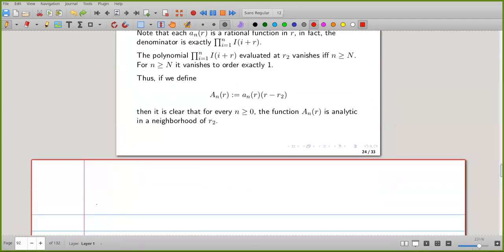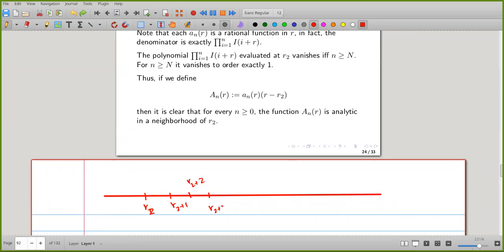Before that, let me make a picture over here which will make things clear. So this is my R2. This is R2 plus 1, R2 plus 2, R2 plus 3, and so on, and some R2 plus n.